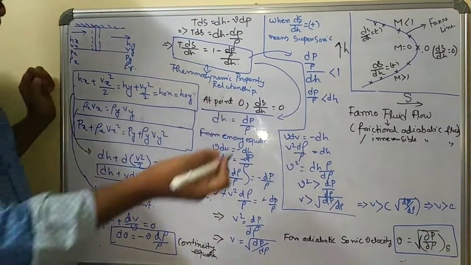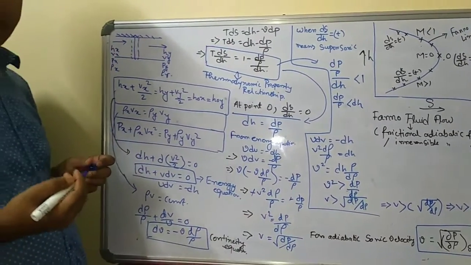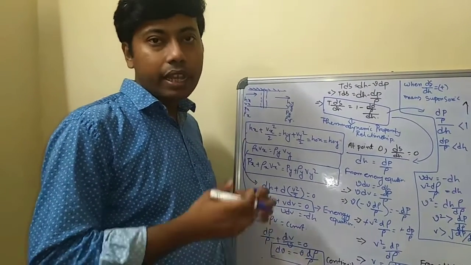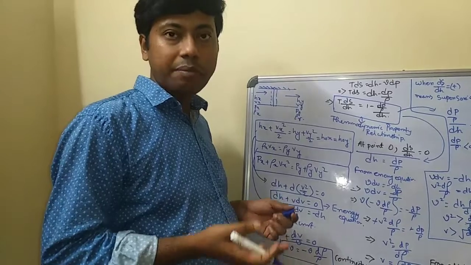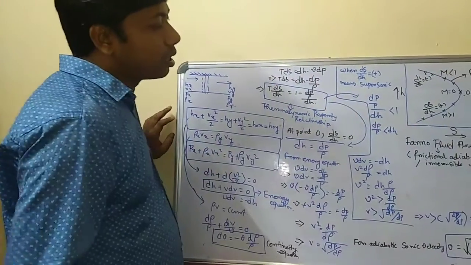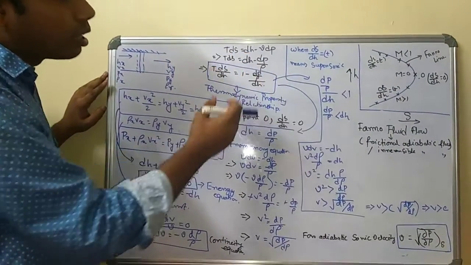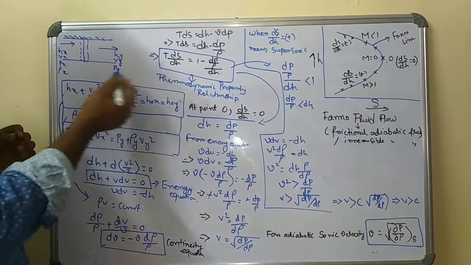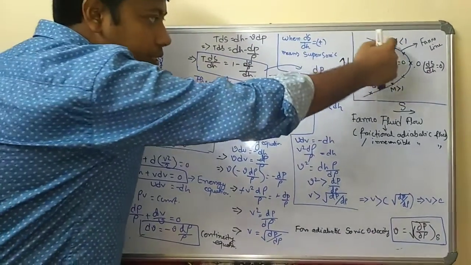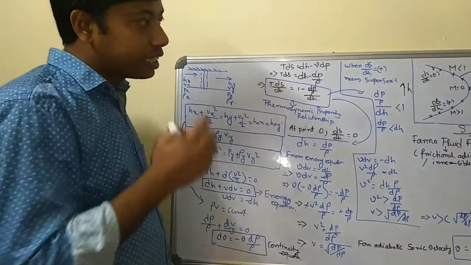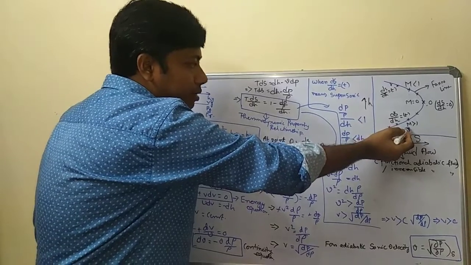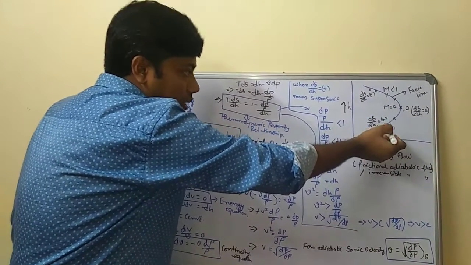Now, as you know, if the Mach number is greater than 1, it is called supersonic flow. If the Mach number is less than 1, it is called subsonic flow. And Mach number equal to 1 is called sonic flow. Now, in this HS diagram, by the application of the energy equation, continuity equation, and momentum equation, we can draw a diagram, and it looks like a line like that, which represents Mach number greater than 1.